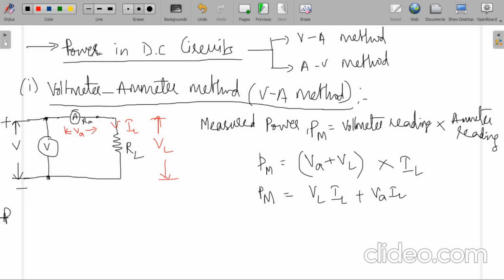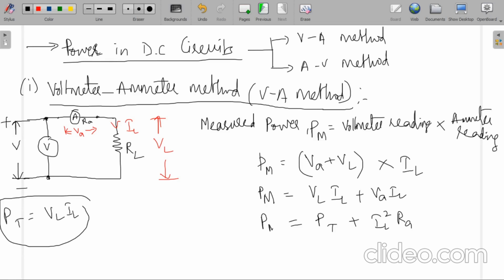What is true power? True power PT is equal to VL into IL, right? Then measured power is equal to true power PT plus IL square into RA, because VA is nothing but IL into RA.